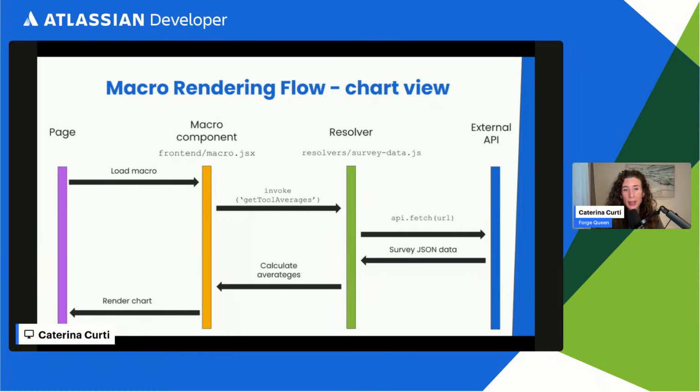Our external APIs are then returning the survey JSON data that we saw a couple of slides earlier, and the resolver is also in charge in our logic to calculate the averages that are then returned to the macro component for rendering of our chart.